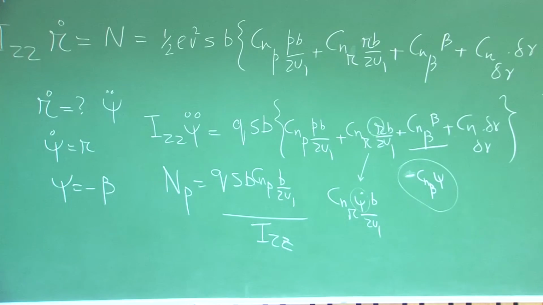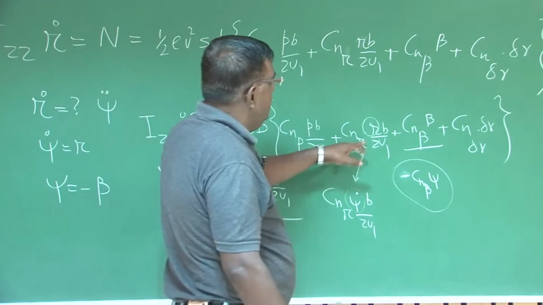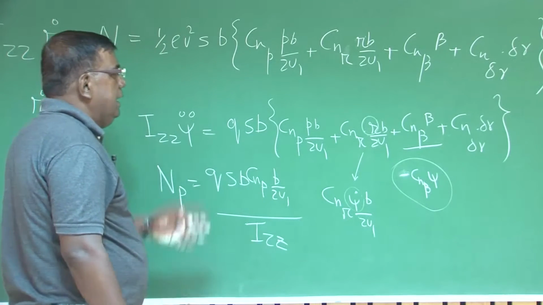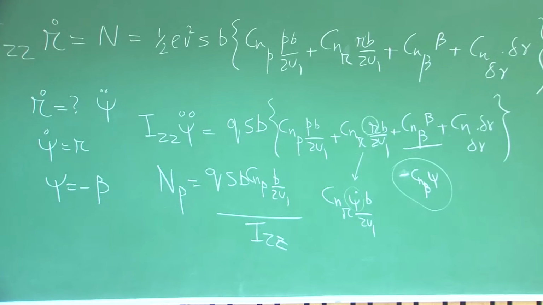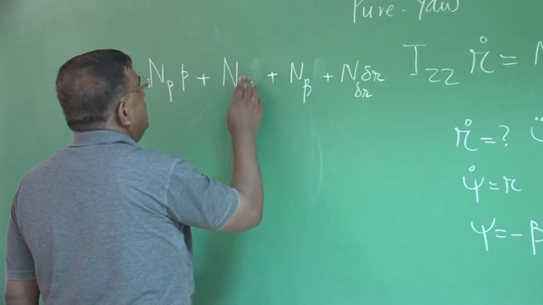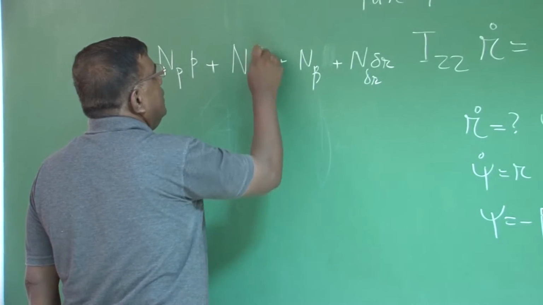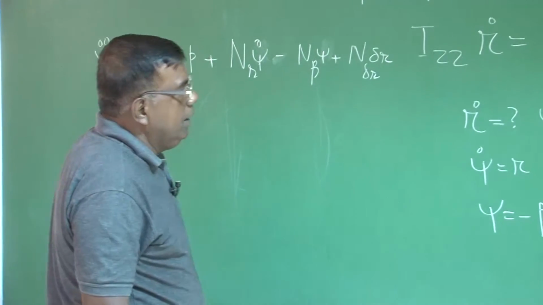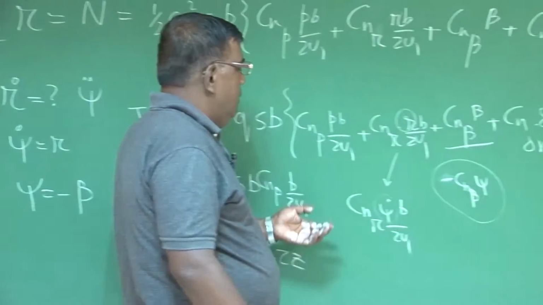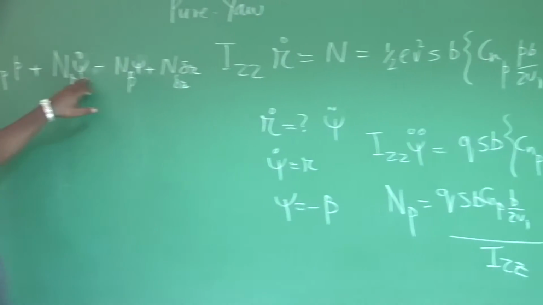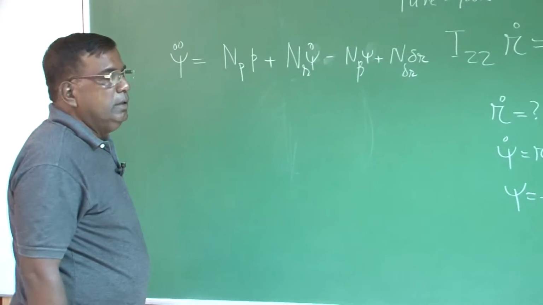Similarly, Nr will be CNR into b by 2U1 into Q S b divided by IZZ. Like that, you can find this expression, which you already know. And of course, here I have to modify it: I write it as psi dot and I write minus this. What I have done from this equation: beta equal to minus psi and psi dot equal to r. So all those things I have converted into psi dot.